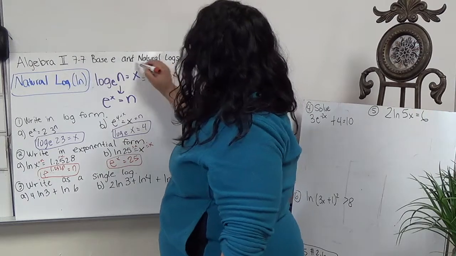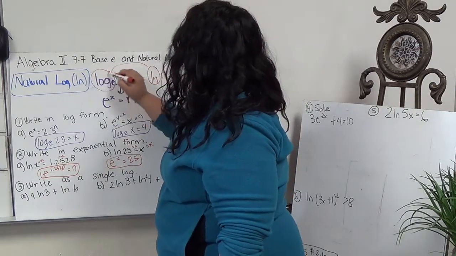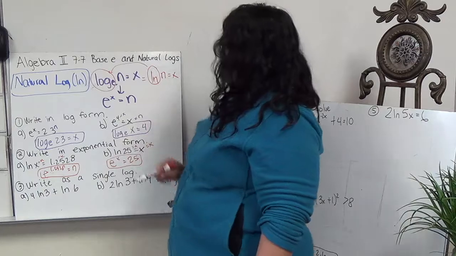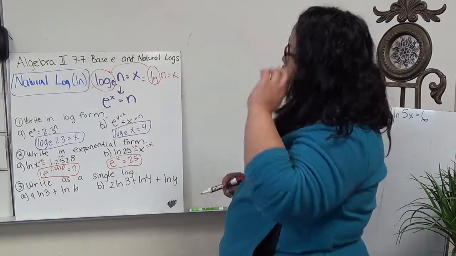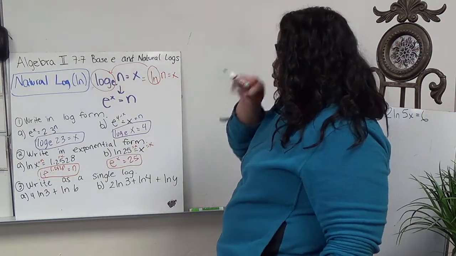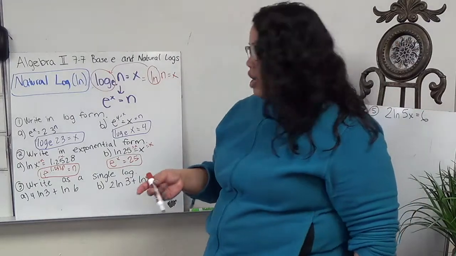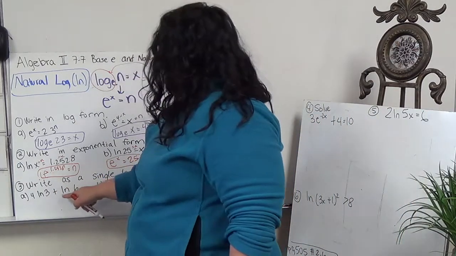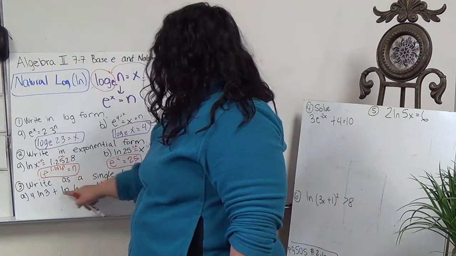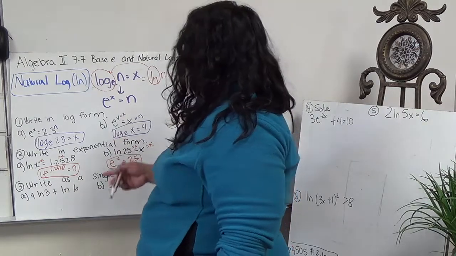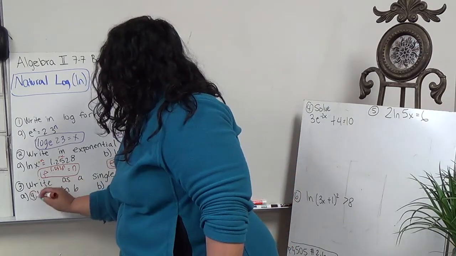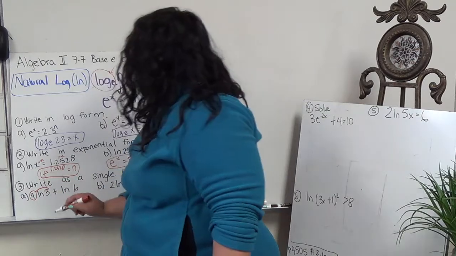So ln and log e, they both represent natural log. So in this one, the rules apply, same with log, right? If I'm adding, then I'm multiplying. If I'm subtracting, then I'm dividing. But the number in front of it should go as an exponent.